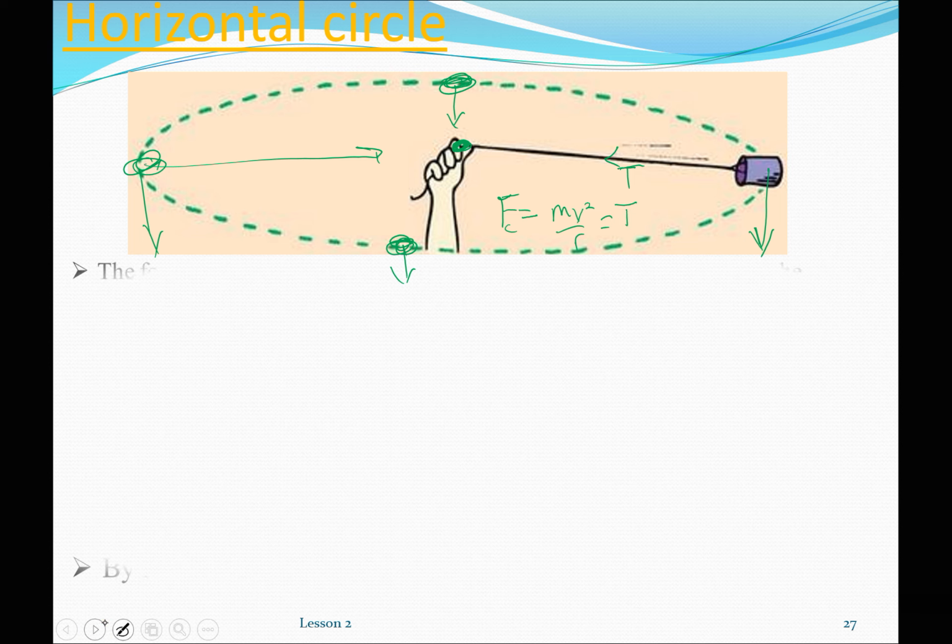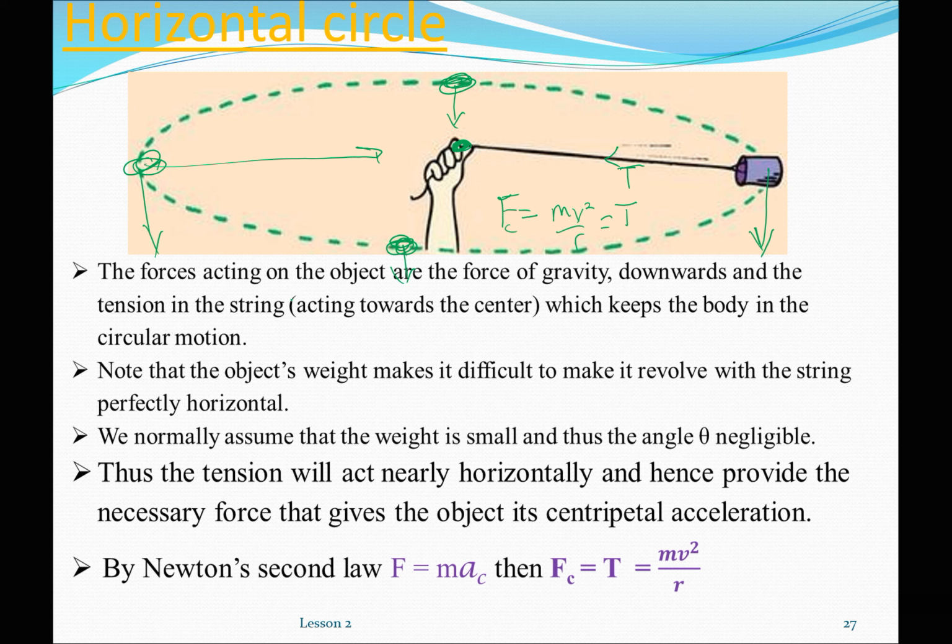So the forces acting on the object are the force of gravity, which is the weight downwards, and the tension in the string acting towards the center, which keeps the body in circular motion. Note that the object's weight makes it difficult to revolve it with the string perfectly horizontal.